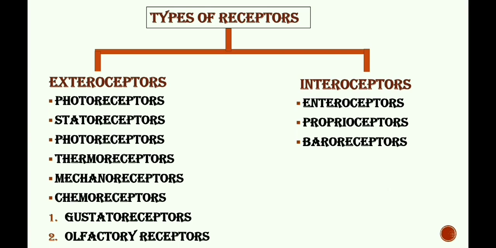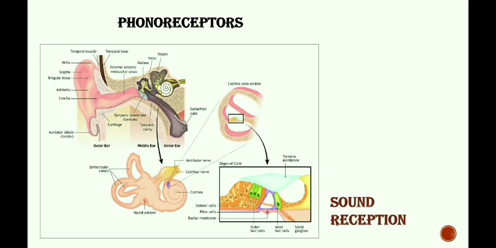So talking about exteroreceptors, there are different types of exteroreceptors. The first one is phonoreceptors. Phonoreceptors are actually located in the internal ear, that is organ of Corti, and its main function is sound reception.